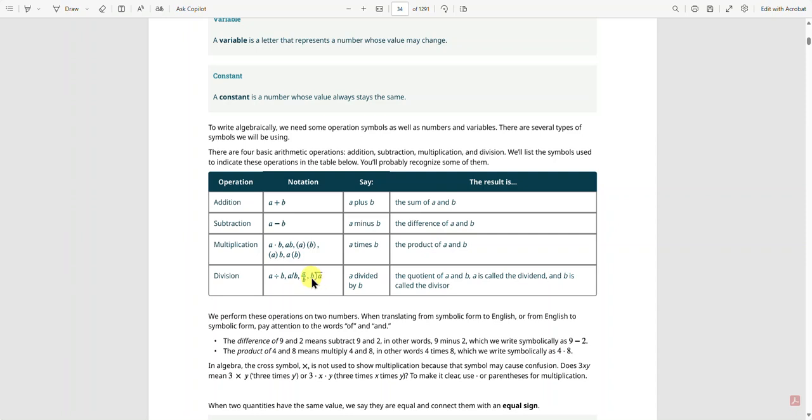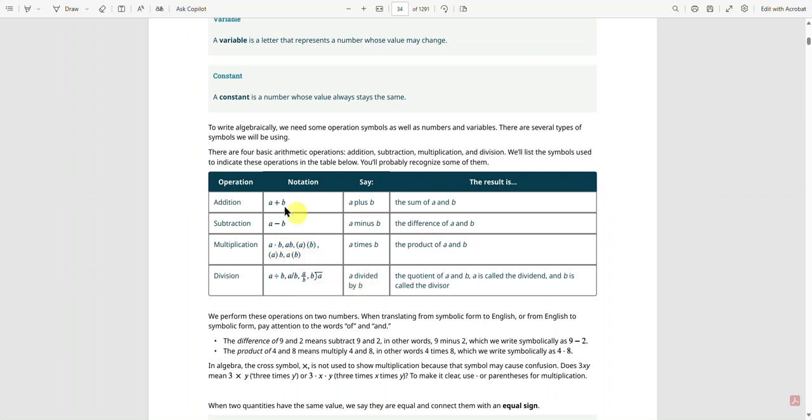B is called the divisor, the number that is dividing, the divider. So we put the dividend inside the bracket and the divisor on the left side of that symbol. So these are all different ways of expressing division in algebra, and any one of them or all of them is read as A divided by B.